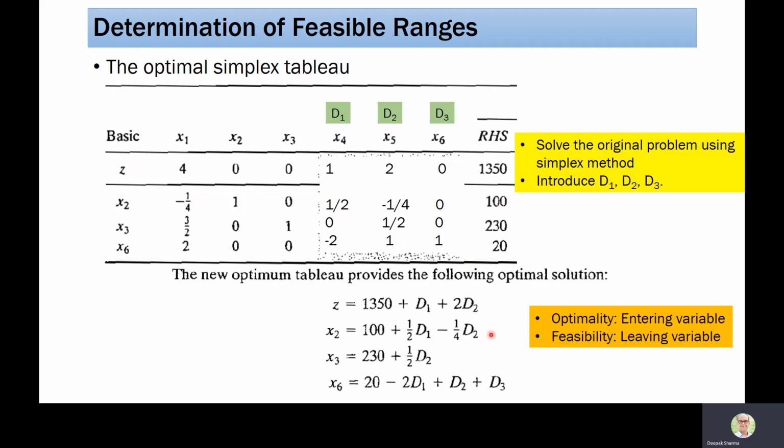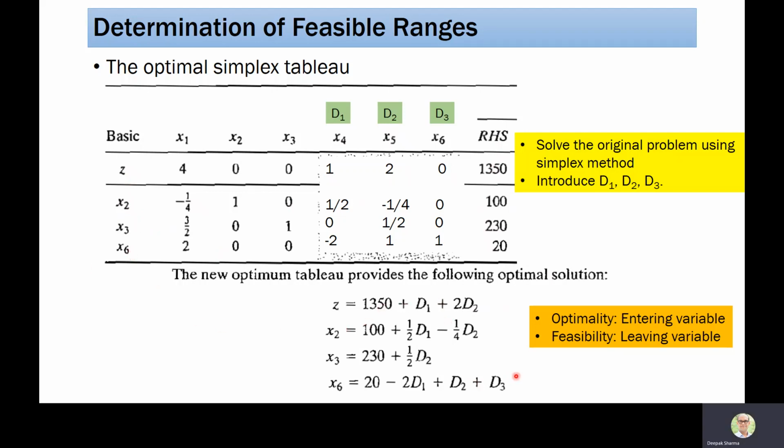So we are going to get the same equation. I hope you remember that when we learned the simplex method for the first time, I told you that the last column, which corresponds to the right hand side or the solution, are nothing but the values of Z, X2, X3 and X6.